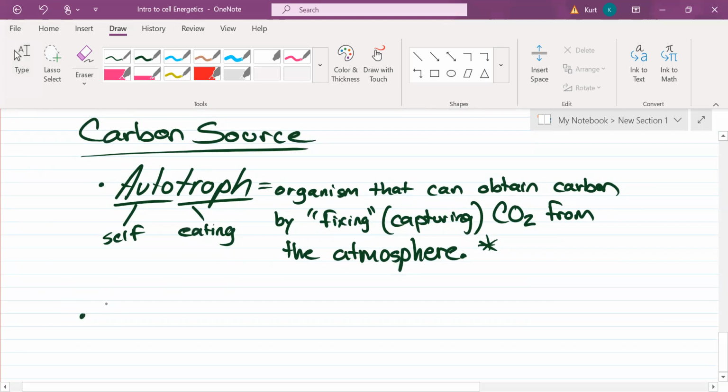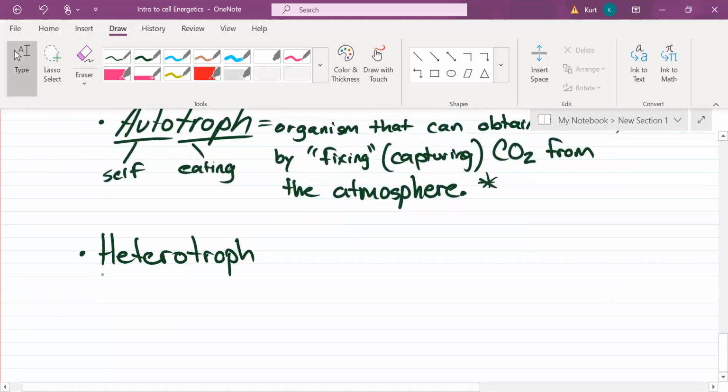The opposite of an autotroph is a heterotroph. I'm sure you've heard this term before. Hetero means other, and troph means eating. So this means you get your food from somewhere else other than you.